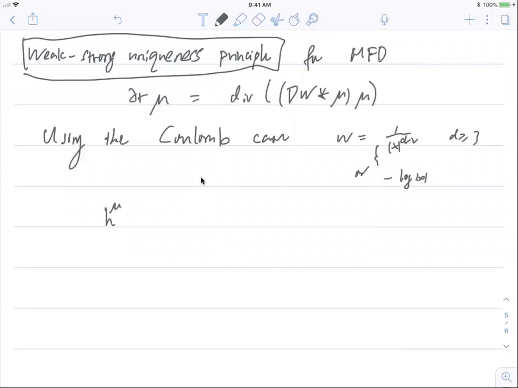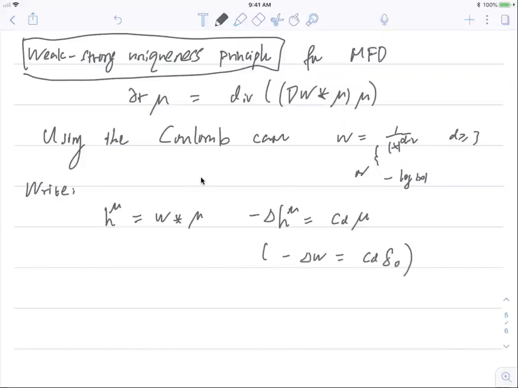So we write this, H mu is the potential generated by the distribution mu. Of course, this is like the first class in PDE. So we have minus Laplacian H mu equals c_d mu, so omega is just a c_d Dirac, so omega is the fundamental solution.